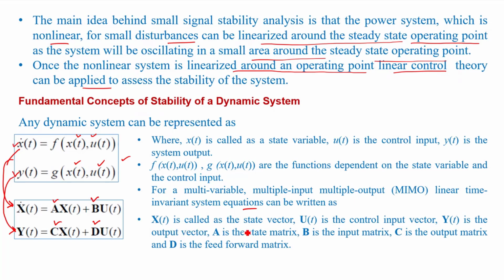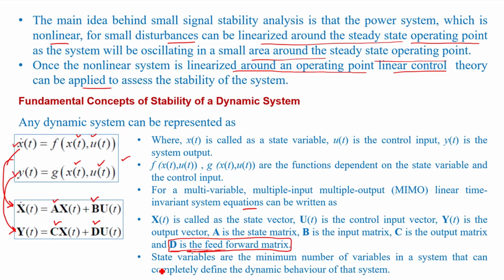So x(t) is called the state vector, u(t) is the control input vector, y(t) is the output vector, A is the state matrix, B is the input matrix, C is the output matrix, and D is the feed forward matrix. Generally the feed forward path is neglected most of the time, because in power systems it is not required.